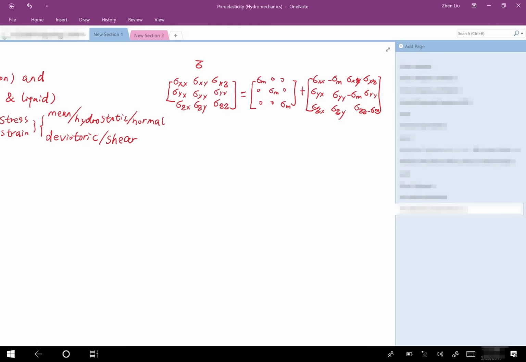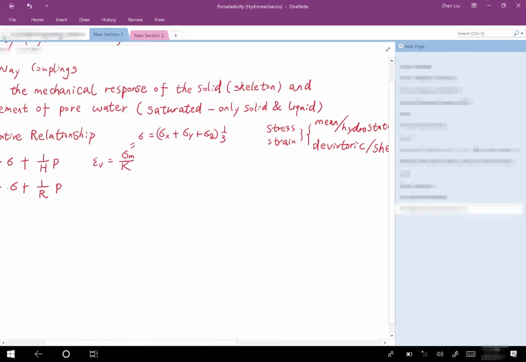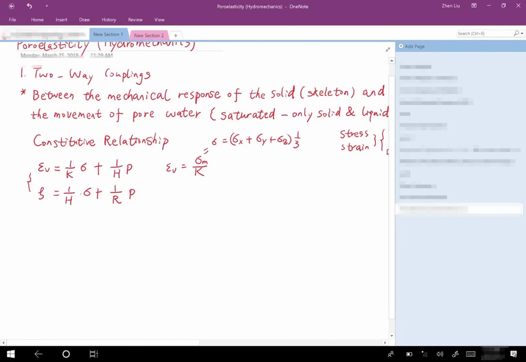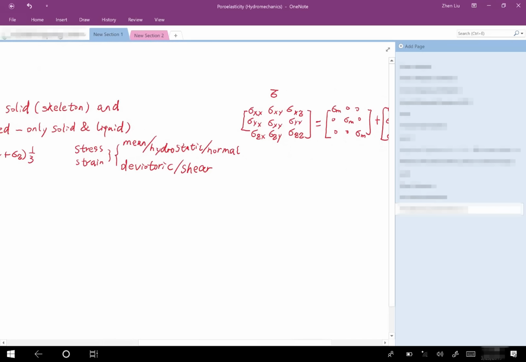And in our case, because the coupling only occurs along the mean parts, you can see that here we only have sigma m and epsilon v. So epsilon v is the hydrostatic part for the strain, and sigma m is the hydrostatic part for stress. So they correspond to each other.